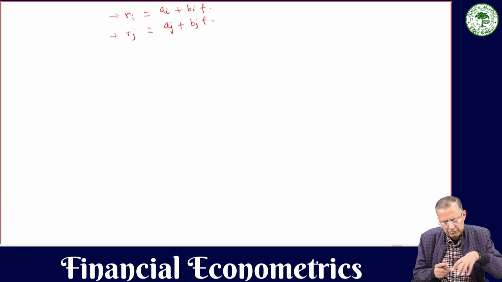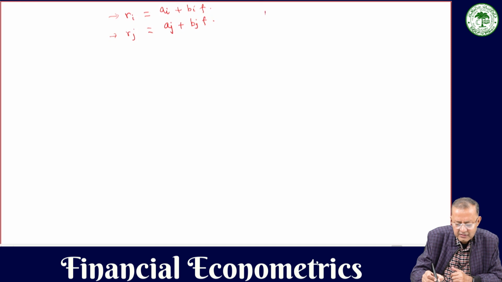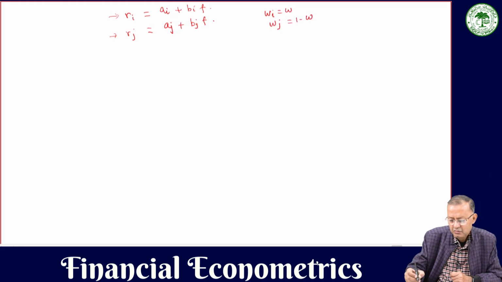Now in the portfolio, two assets are there, and these assets are being purchased in certain weights. So the weights assigned are Wi is equal to W, and with the same logic Wj will be 1 minus W, such that sigma W is equal to 0.